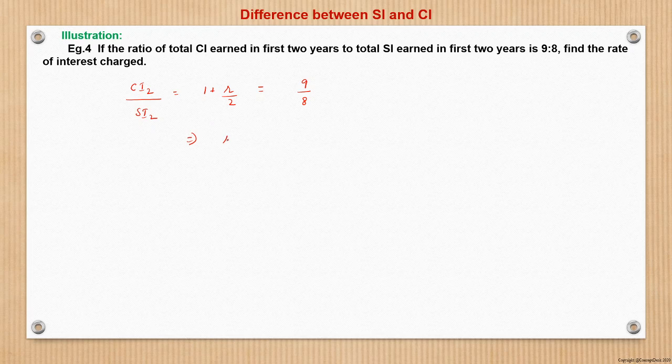From here we can say that R by 2 is equal to 1 by 8. So that means R is equal to 1 by 4, which is nothing but 25%, right? So another simple problem.